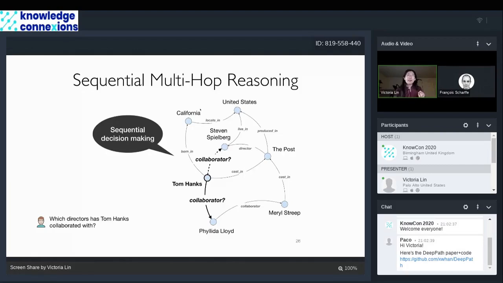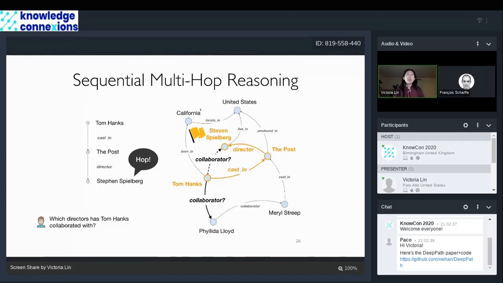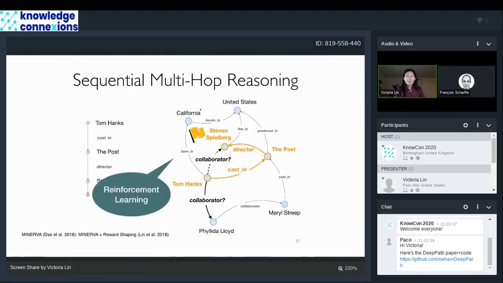What I mean by that is we can start from the source entity and just directly jump into the knowledge graph and search for the potential target entity. So for example, here we start from Tom Hanks, and we sequentially extend the search path in the knowledge graph until we reach a potential target entity. If we reach a correct answer, then we just stop.